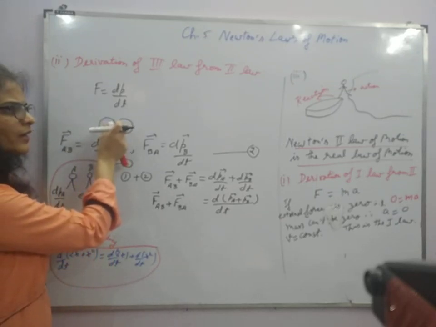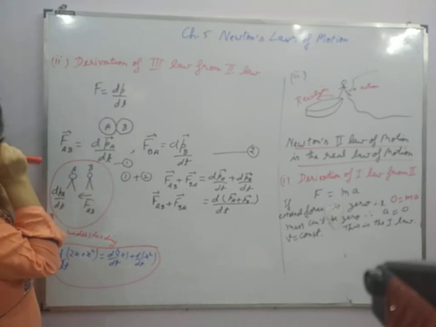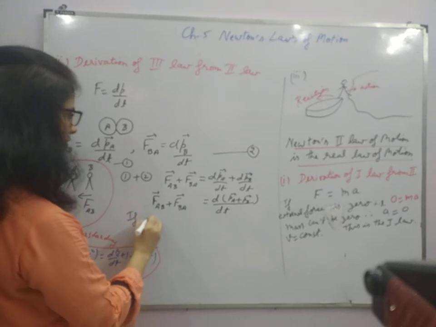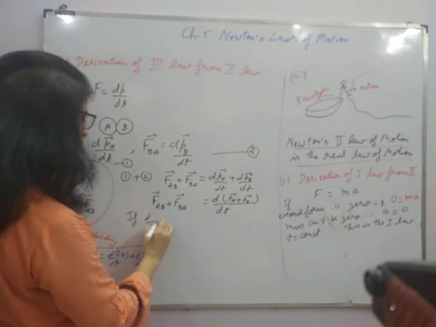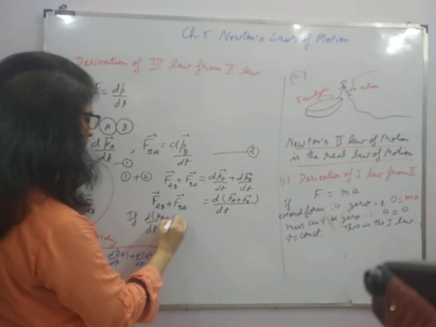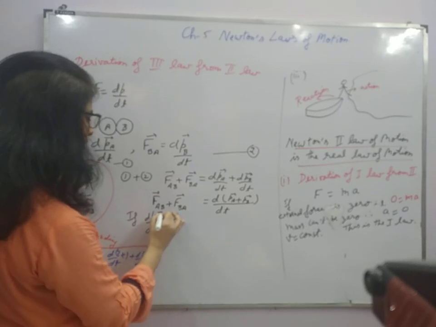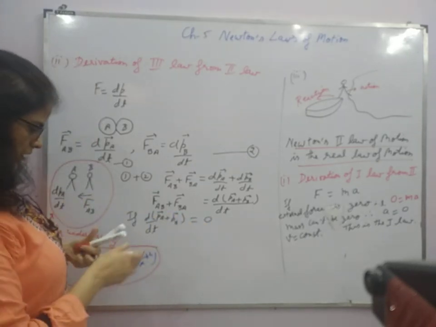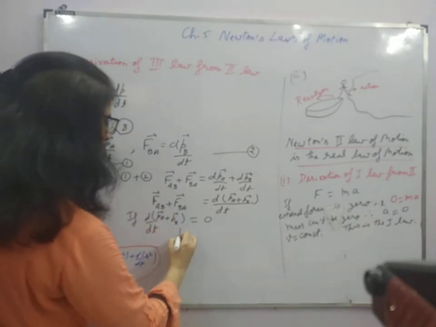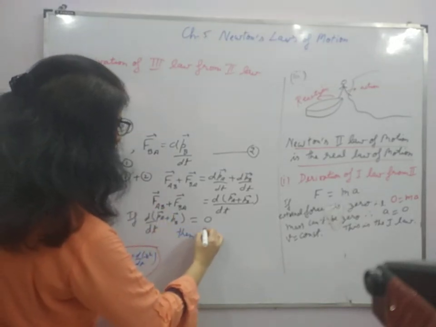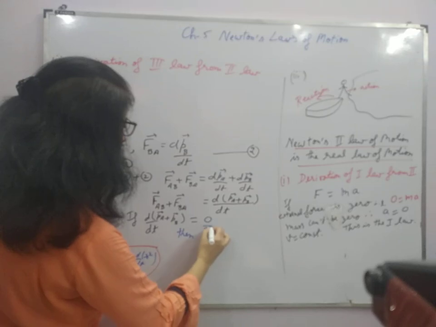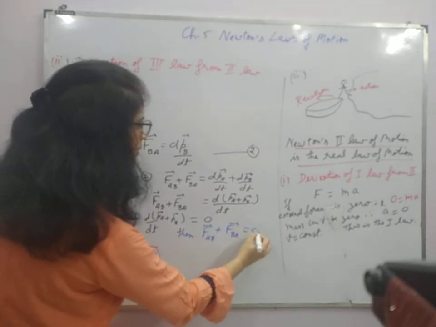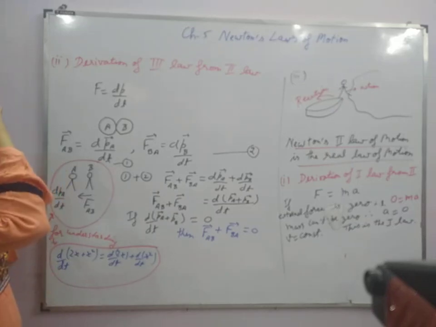If there is no net change in momentum, right? So if this change in momentum of both the bodies is zero, then what will happen? Then we can say that FAB plus FBA must also be zero, right?